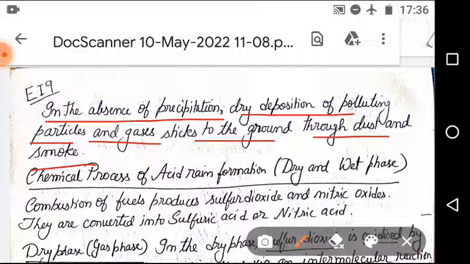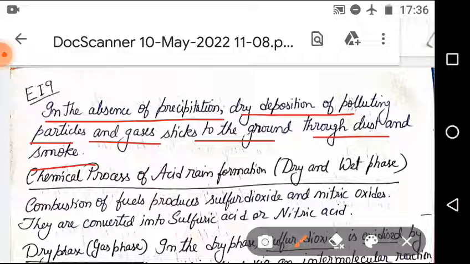Suppose there are places where precipitation, meaning rainfall or snowfall, occurs very rarely, like Rajasthan, Egypt or Libya.